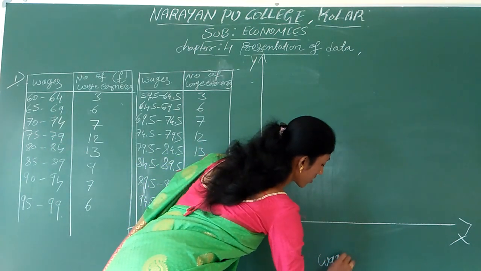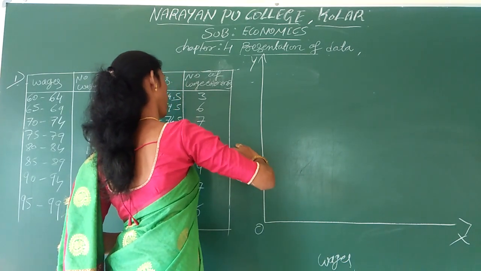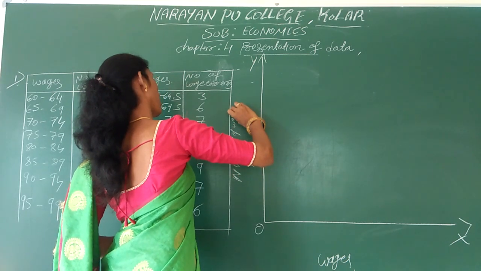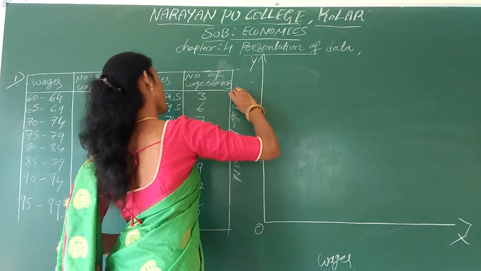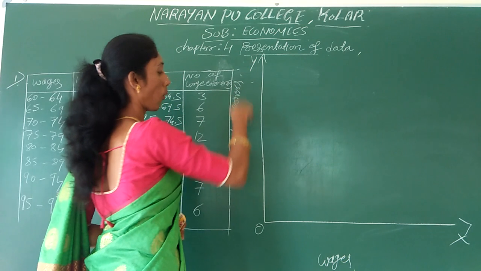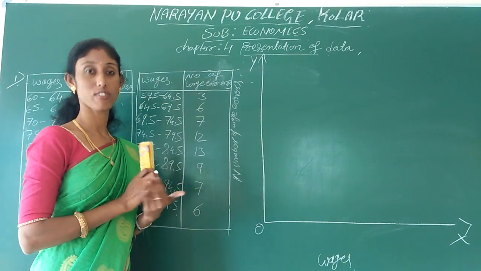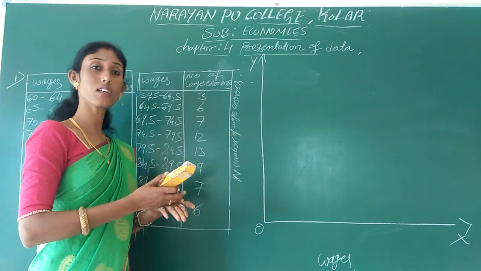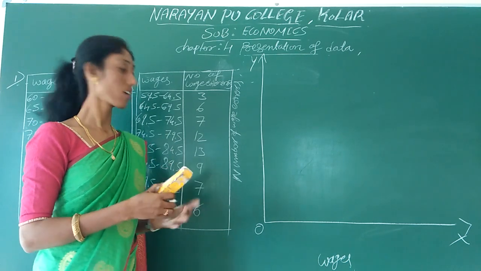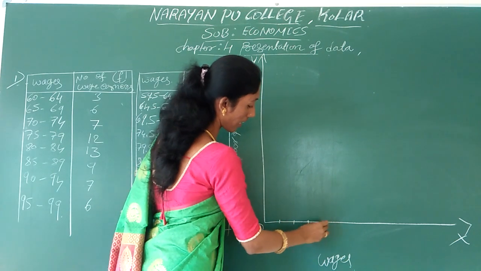And you all know that histograms are a set of rectangles, but between the rectangles we won't leave a space or distance. Got it? There will be continuity between the rectangles.